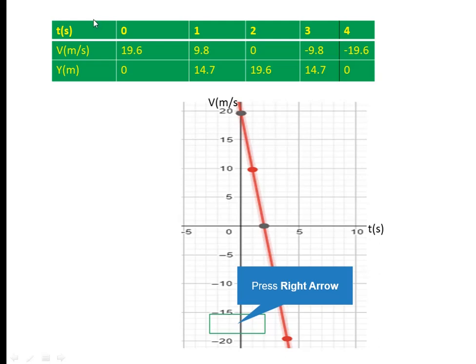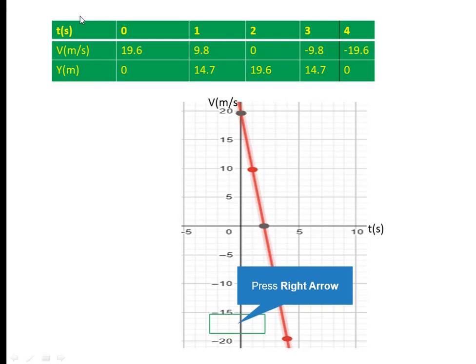At t3, the velocity is minus 9.8 and the position is 14.7. The negative sign indicates the object changes its direction and is coming back toward its starting point.